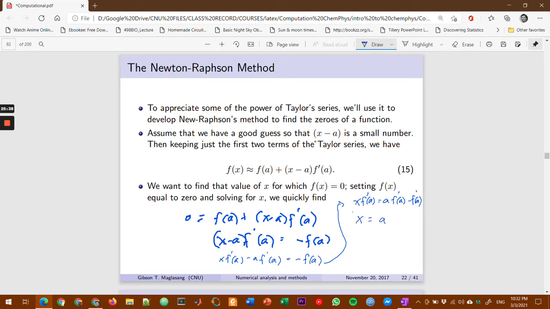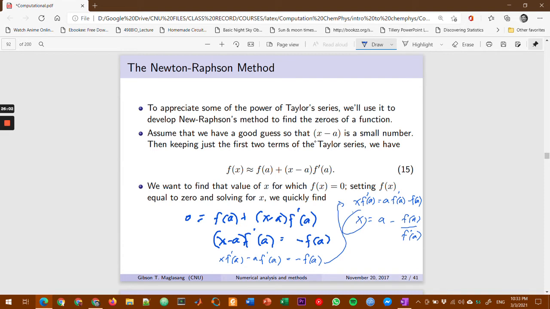So I have x equals a minus f of a over f prime of a. So, I get the root.